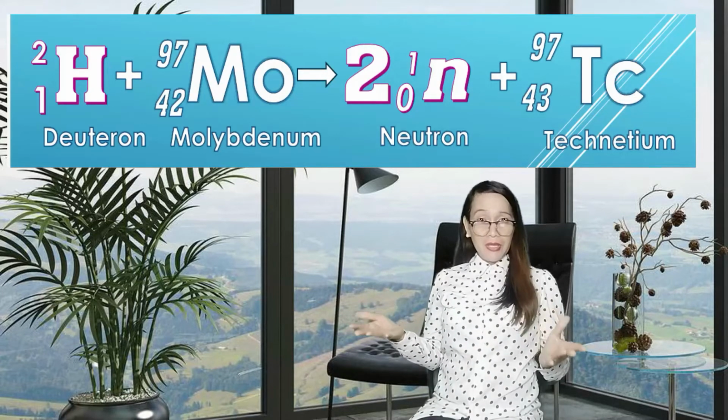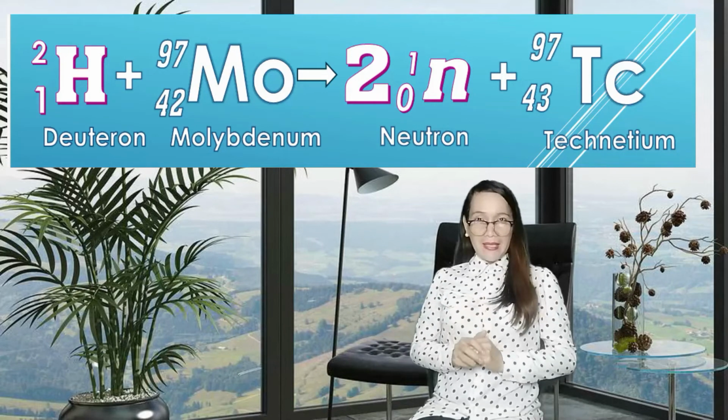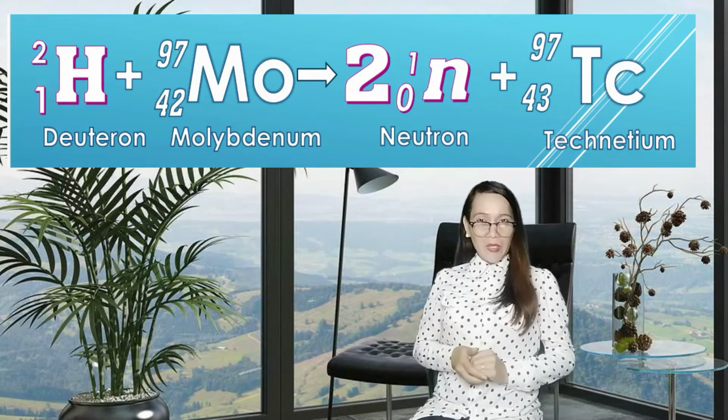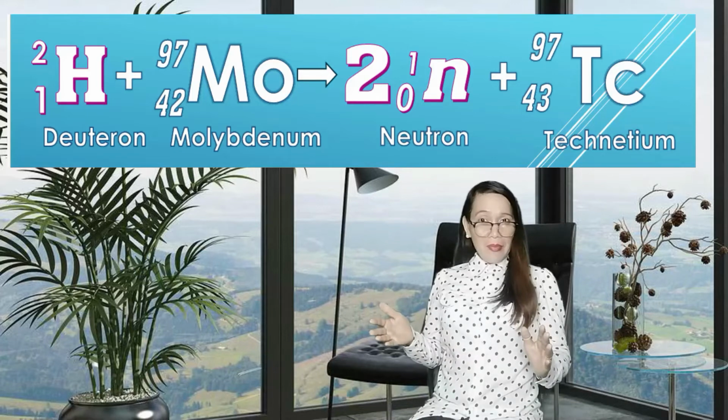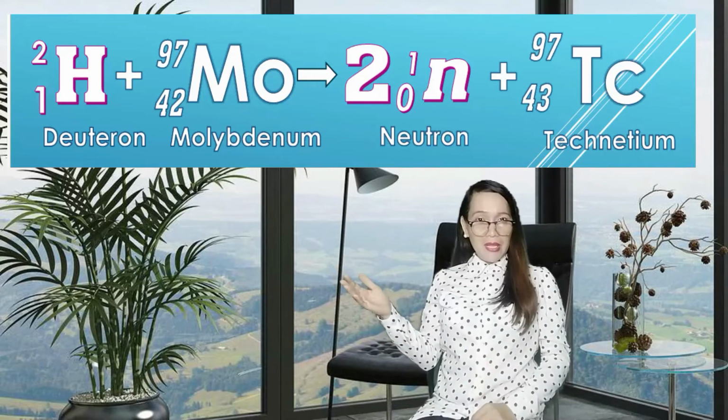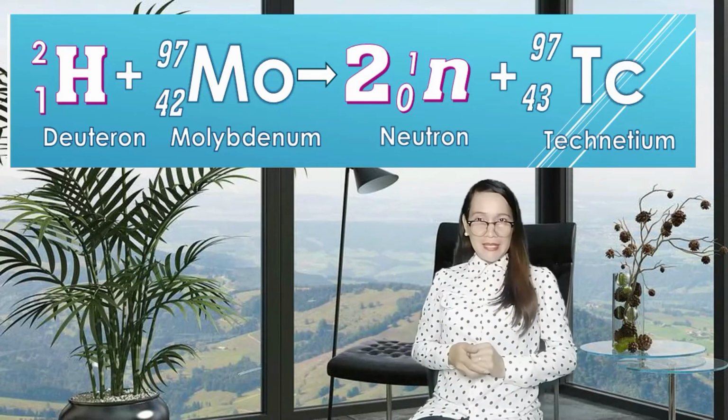You can see in the equation below that the nuclear process is written this way. The plus sign here tells us the combination of molybdenum and deuterium, which reads as combines with or reacts with. The number on the side of deuterium can tell us three things: the number of protons, the number of neutrons, and the mass number.